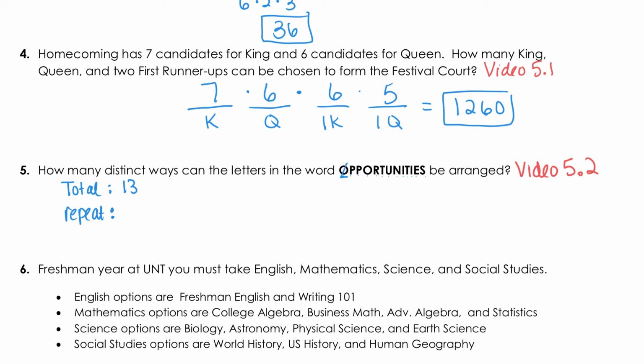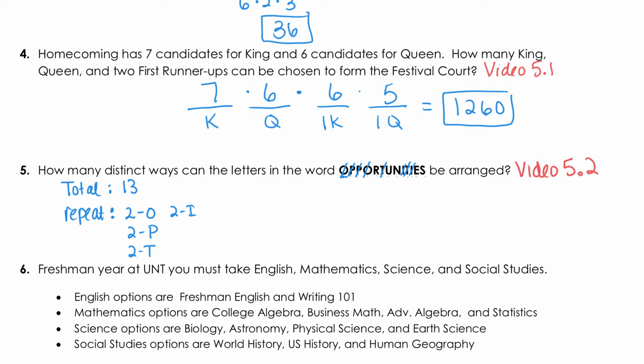So the O is repeated twice. The P is repeated twice. We don't have a repeating R, but we do have 2 T's. And then we have no U's, no N's, but we do have 2 I's. And then that's it.